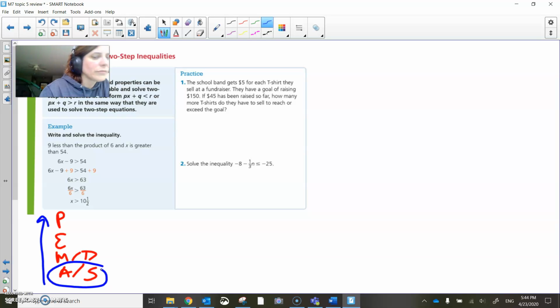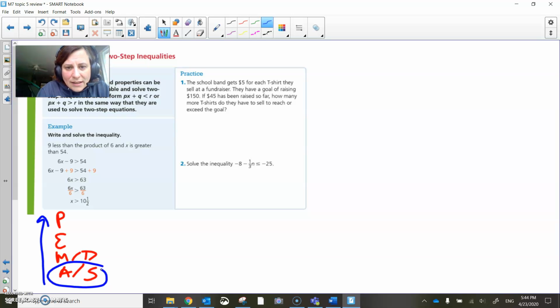Okay. The school band gets $5 for each t-shirt they sell at a fundraiser. If they have a goal of raising $150, so far they've raised $45. How many more t-shirts do they have to sell to meet or exceed their goal?